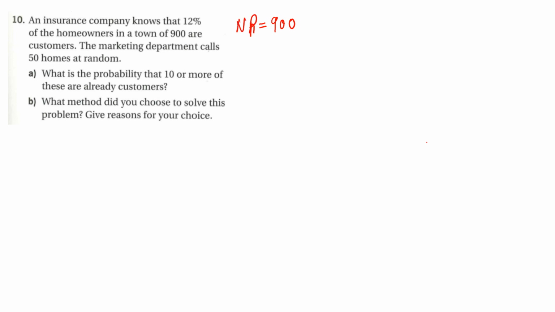This is a hypergeometric distribution because when I call one person, I don't call them again, so the probabilities change. Our sample is 50, it calls 50 homes, out of 900 people. The probability of success is 0.12.